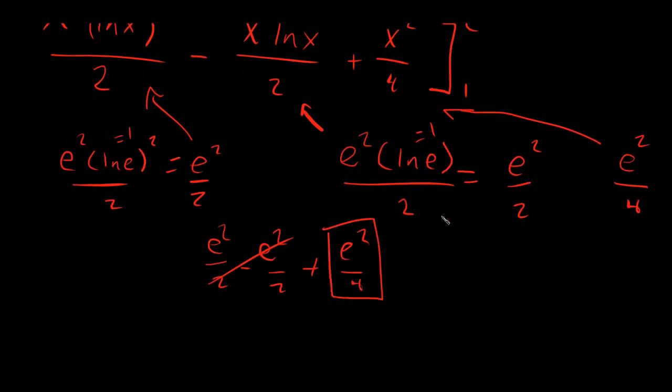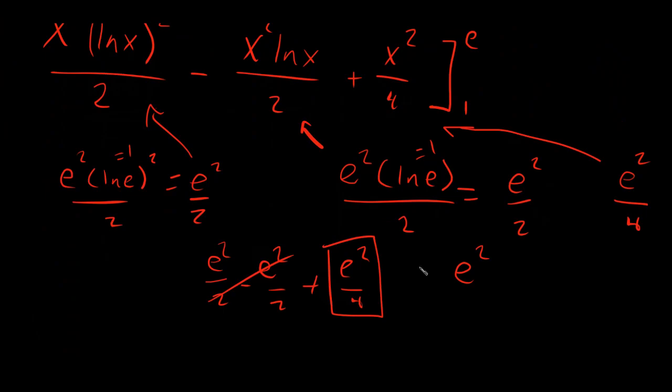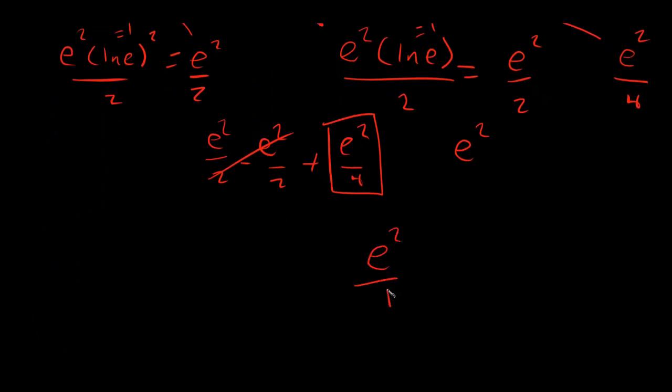So our final answer is just going to be e squared over 4 minus 1 over 4.